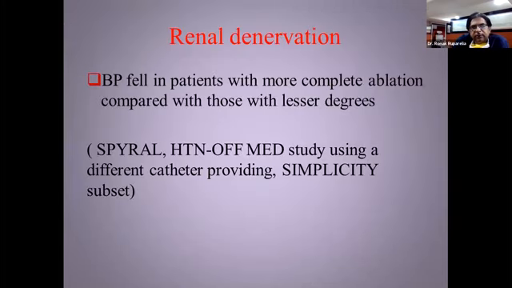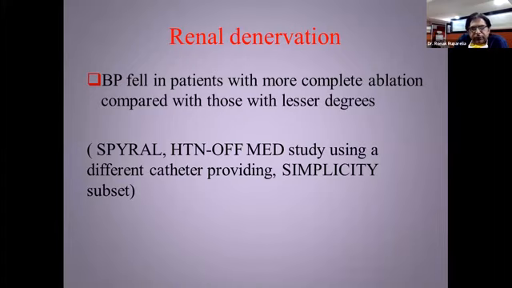Apart from this, two new concepts like renal denervation have come. However, we know that all the SYMPLICITY trials 1, 2, and 3 have failed to impress. But there is a subset of patients with a more complete ablation in whom the BP response was better.